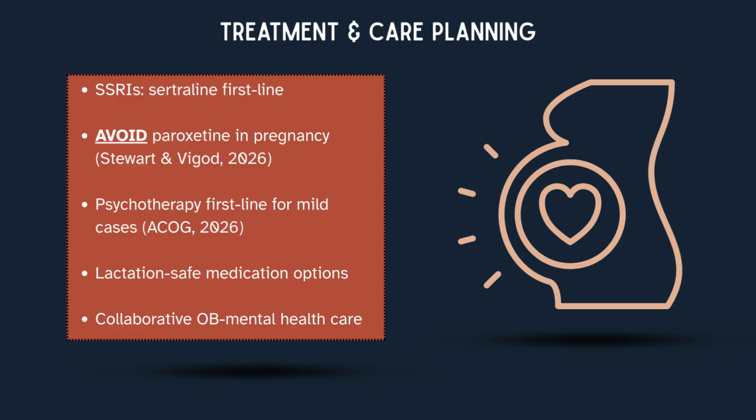The key strategy here is shared decision making. Untreated depression often carries more risk than properly managed medication during pregnancy and after. As always, close collaboration between OB and mental health providers makes a huge difference.